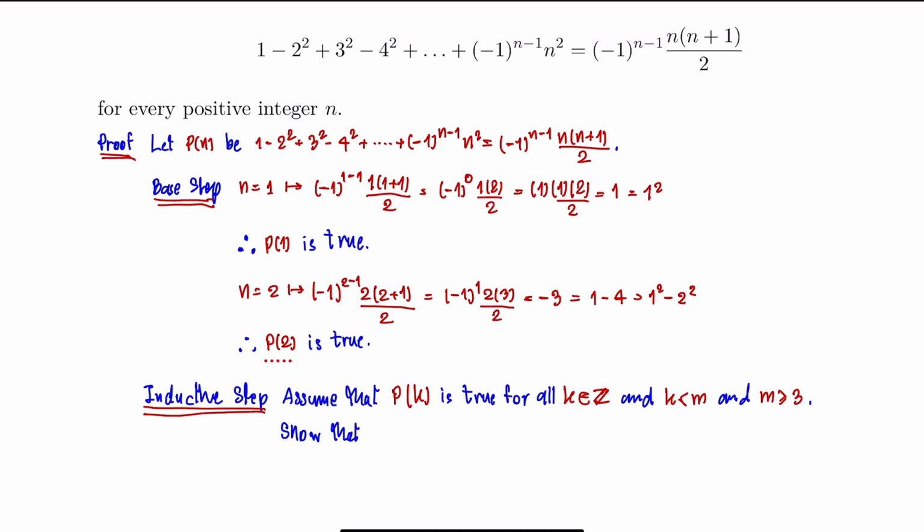Once you can show that P(k) is true for all k less than m, where m is greater than or equal to 3, what do we have to show? We need to show that P(m) is true. Got it? So now, what can we do with this? How do we show that P(m) is true?